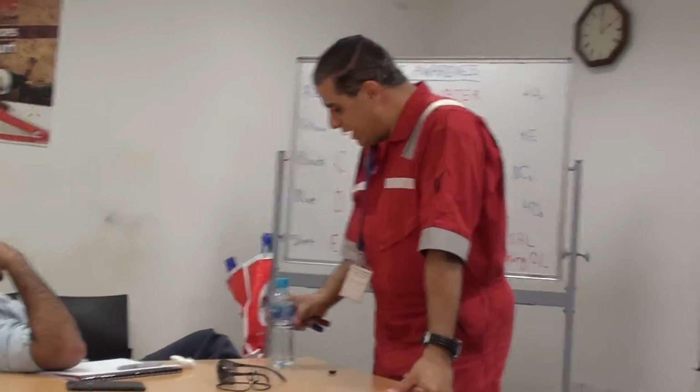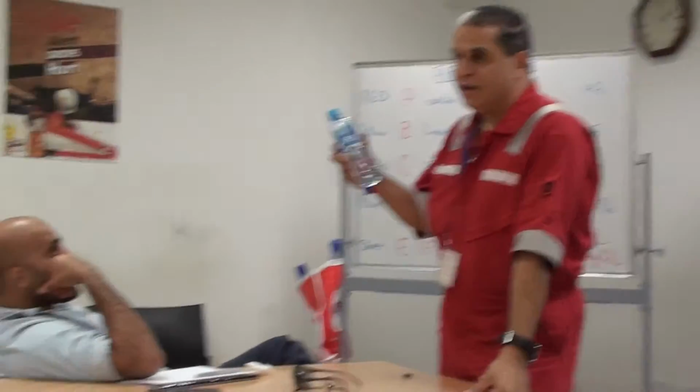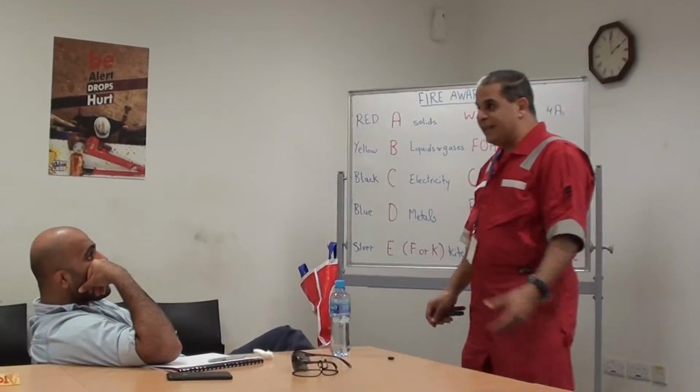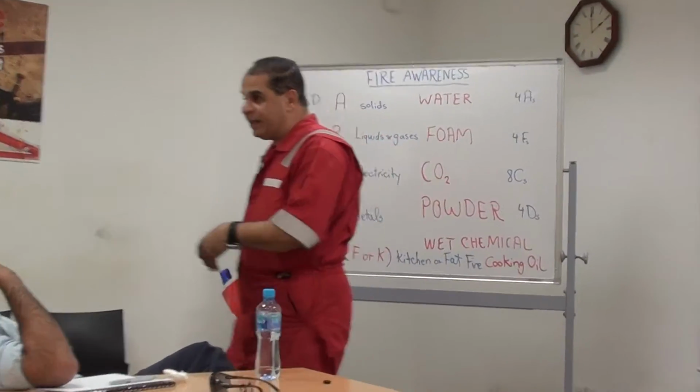What is the temperature gradient? More than 450 degrees Celsius. For the water to evaporate, it needs 106 degrees. Now, all of a sudden, you are pouring the water into the cooking oil, and it will evaporate at a very high rate.